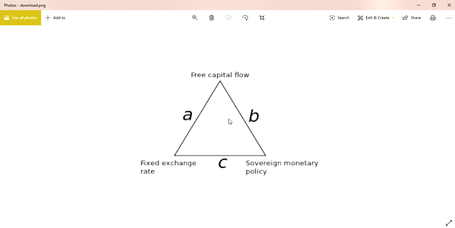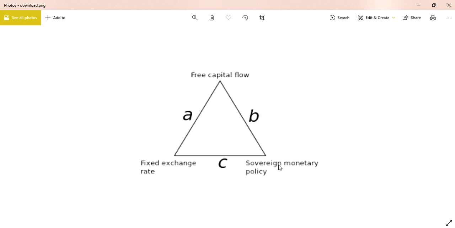No one can be in the middle. What do we mean by that? If a country is at A position, they can have free capital flows and fixed exchange rates, but they have to give up sovereign monetary policy.